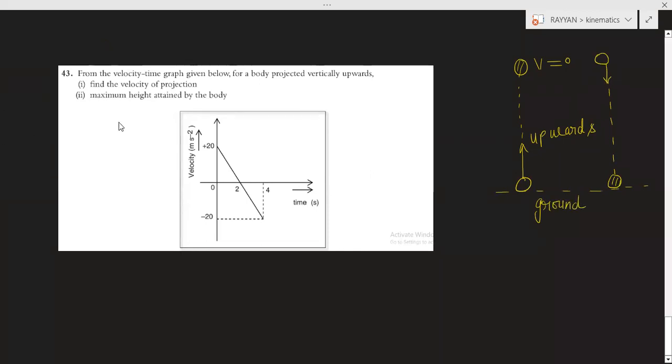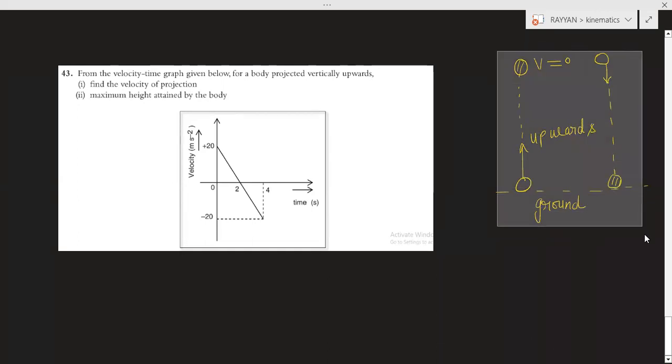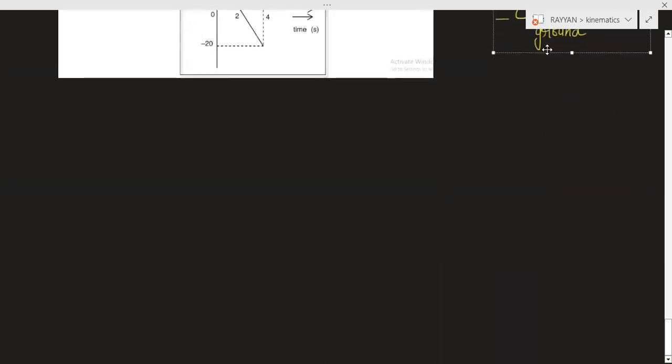Now you can see in this graph, this is the same condition, and this is a graph plotted for a body moving in the upward direction. From the velocity time graph given below, for a body projected vertically upward, find the velocity of projection. What is the meaning of the velocity of projection?